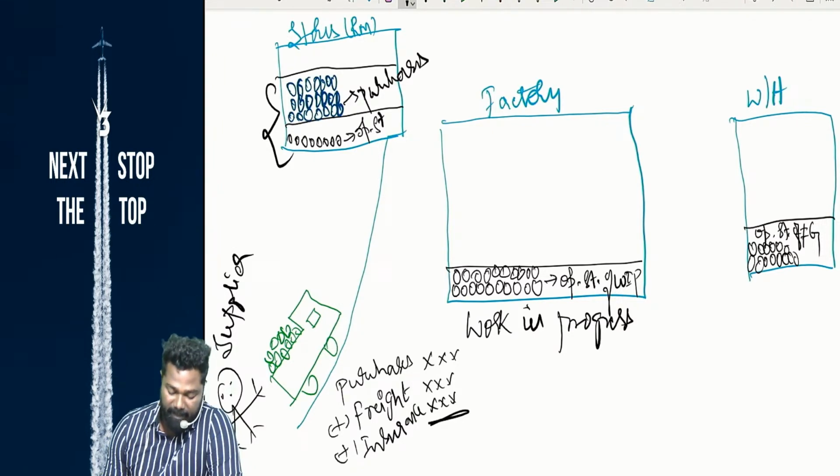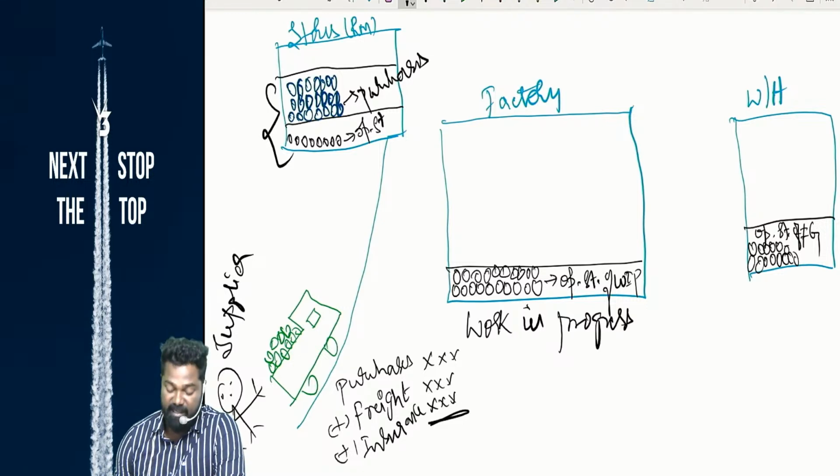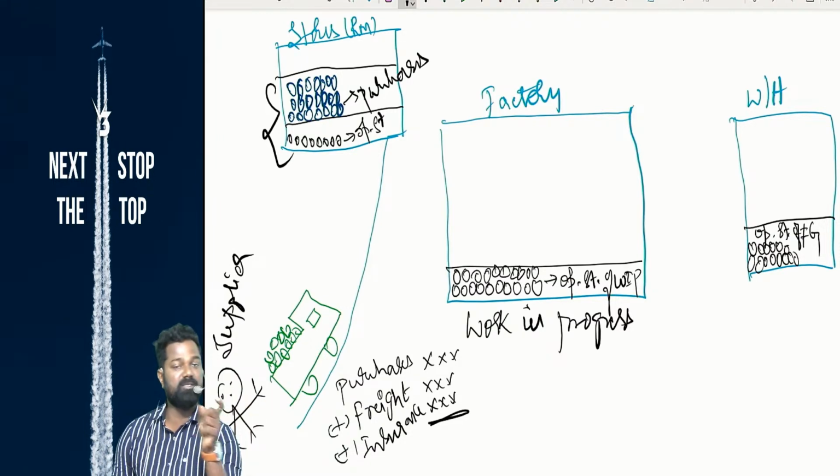Then what happens? A certain amount is required by the factory to continue manufacturing. Factory requires raw material, yes or no? So what is the concept? Input, process, output. Input comes from where? Stores department, yes or no?